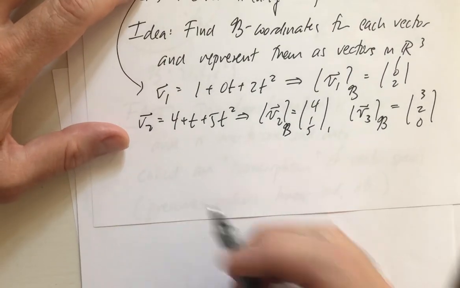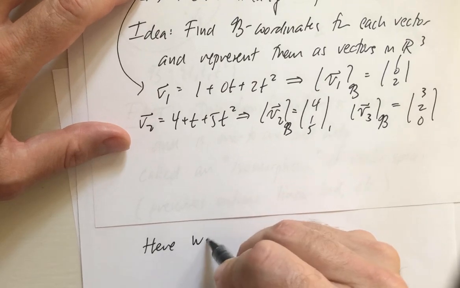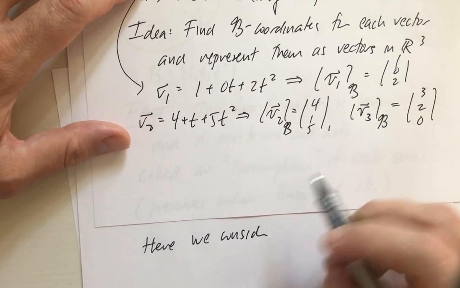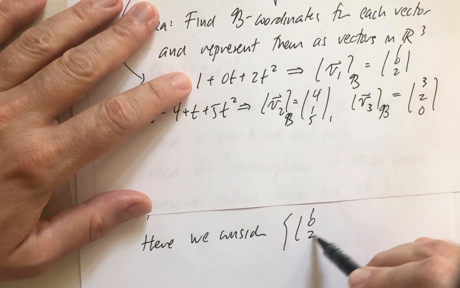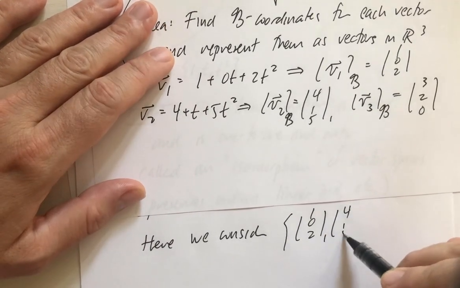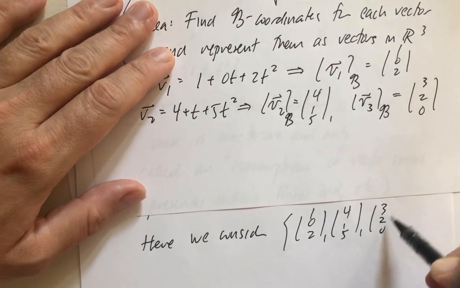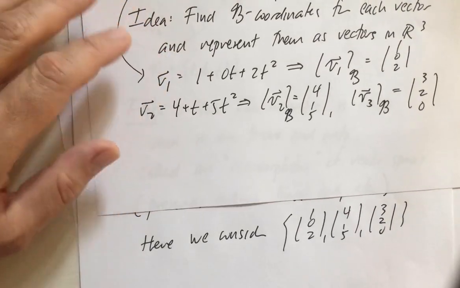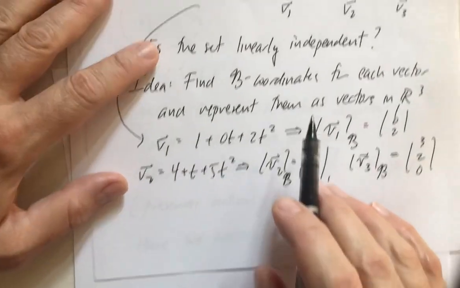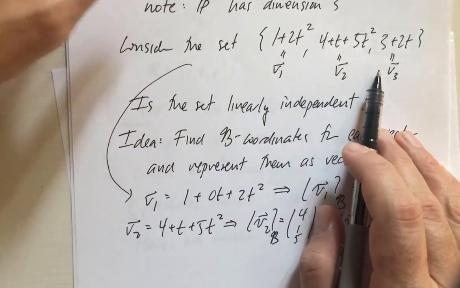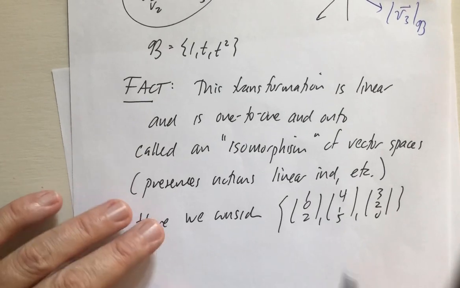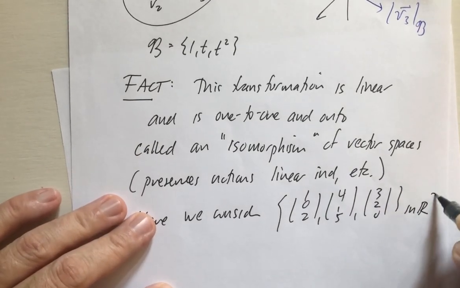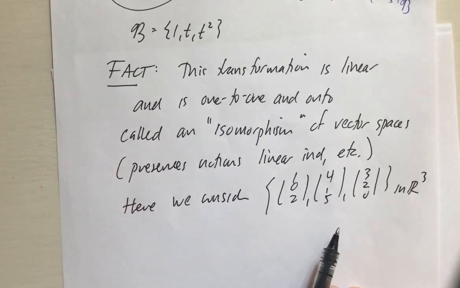And here we just consider the set of those coordinate vectors. So the B coordinate vectors, which were 1, 0, 2, 4, 1, 5, 3, 2, 0. And so the linear independence or dependence of these 3 vectors is translated into the same question, but now in R3, which we know and love because we know how to deal with vectors in R3.